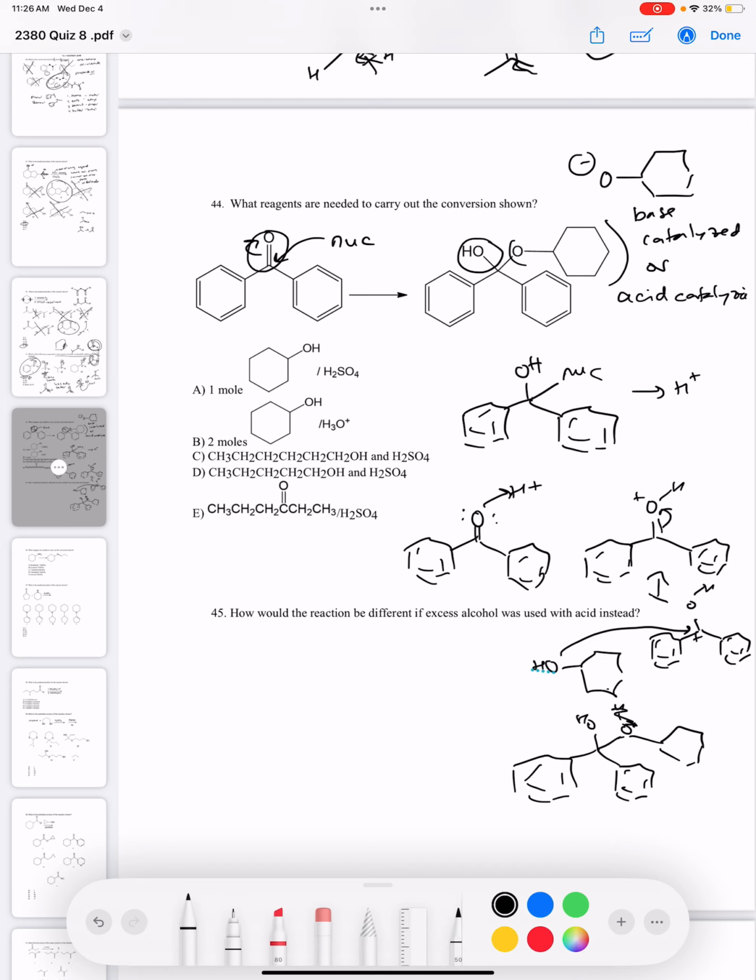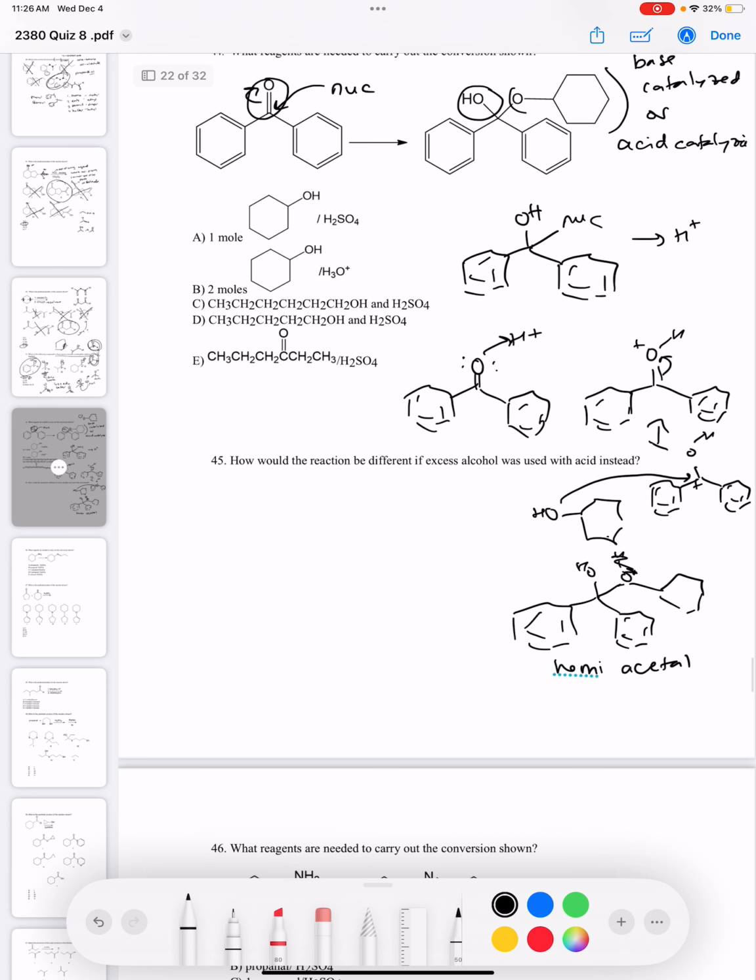So you could either have base catalyzed or acid catalyzed. So that's what I'm looking for, is base catalyzed. But if we do have acid catalyzed, if you remember, reaction with alcohol will keep going. This first addition makes a hemiacetal if you add alcohol. So to stop here and not have it keep reacting, we need one equivalent.